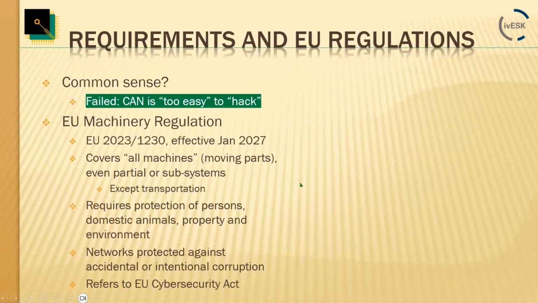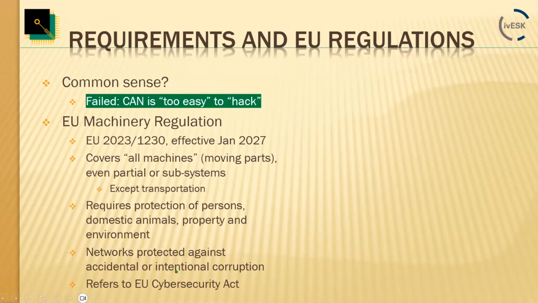And similar as we have to see with the definition of functional safety, it simply requires the protection of persons, domestic animals, property, and environment. So you shall do no harm. That's roughly what the regulation says. And for networks, it specifically says it needs to be protected against accidental or intentional corruption.